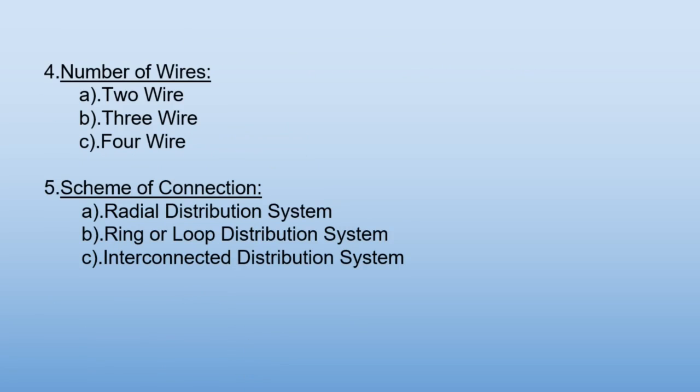Again, it is classified on the basis of number of wires: 2-wire system, 3-wire system and 4-wire system. The distribution system is also divided on the basis of scheme of connection: radial distribution system, ring or loop distribution system, or interconnected distribution system.